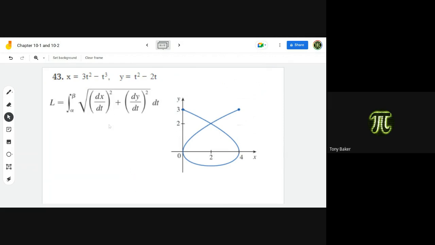The dx dt and dy dt are the derivatives of those. So x prime is 6t minus 3t squared, and y prime is 2t minus 2.